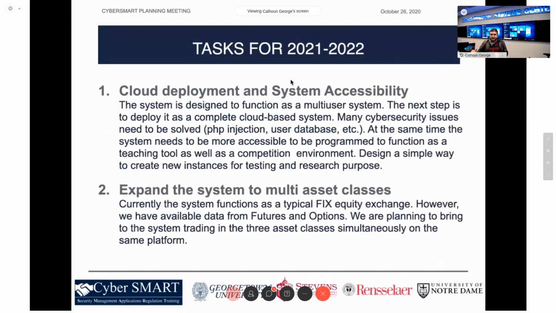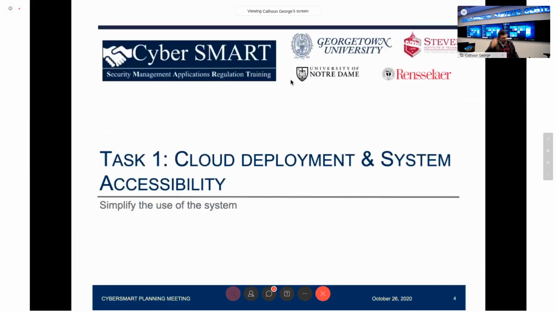But if you want to trade the options related to the same instrument, you have to go to CBOE. And if you want to trade the components, you have to go to NYSE or NASDAQ. So there are all these things that you need to go through. Each system is different. Whereas here, this one system can hopefully simulate how this works. I have more details about each one of these tasks.